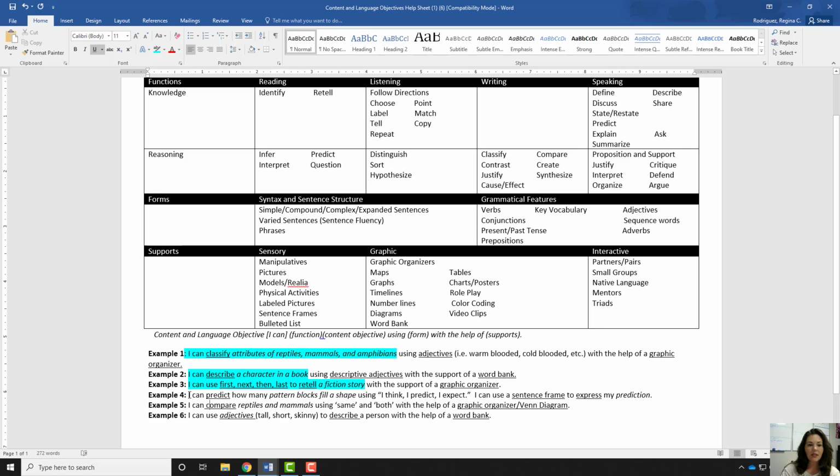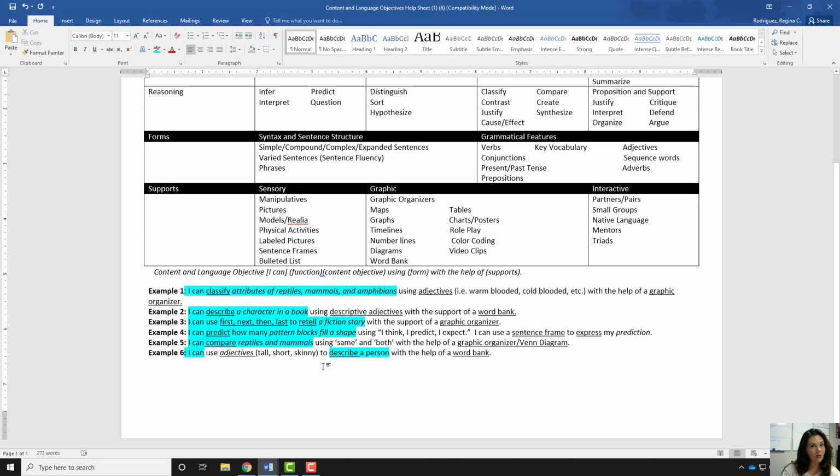I can predict how many pattern blocks fill a shape. That is going to be a math statement. I can compare reptiles and mammals. That is going to be a science statement. And I can describe a person. That would be like a LOTE, your language other than English objective.